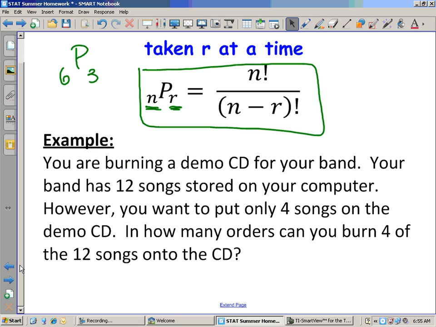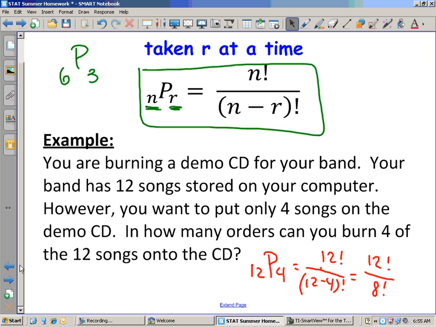Now I have 12 objects, and I want to pick 4 of them. And so it'll be 12P4, and the formula is 12 factorial over 12 minus 4 factorial. I'm sorry, I'm wrong. It's 12 factorial over 8 factorial.